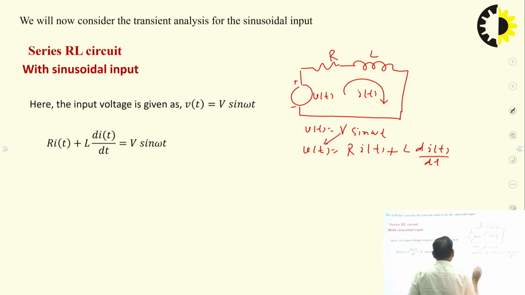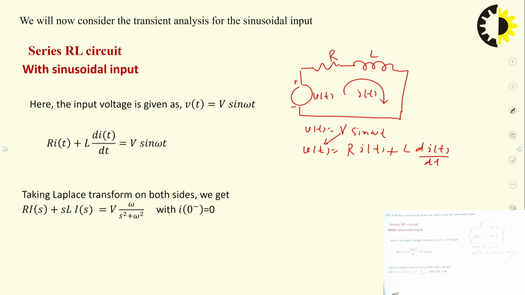Now, this is a differential equation. To solve a differential equation, we either go for the classical methods or the Laplace transform. Here I am going to use the Laplace transform. Take the Laplace transform on both sides of this equation and it will come like this: R I(s) plus sL I(s) equal to V omega upon s square plus omega square.